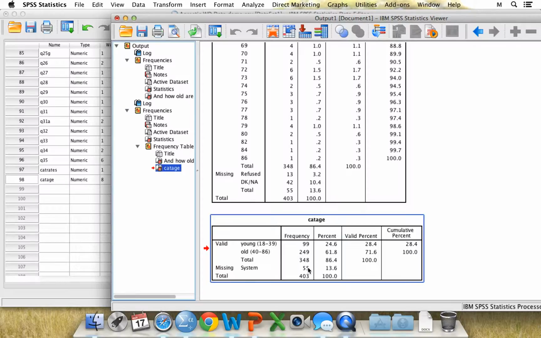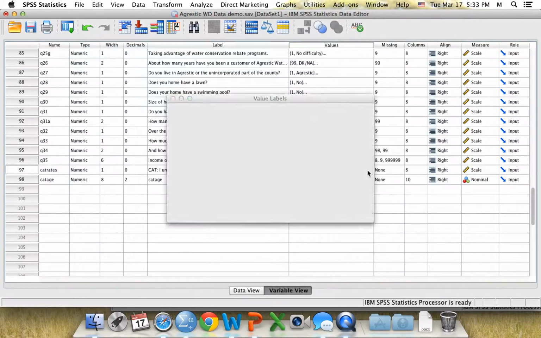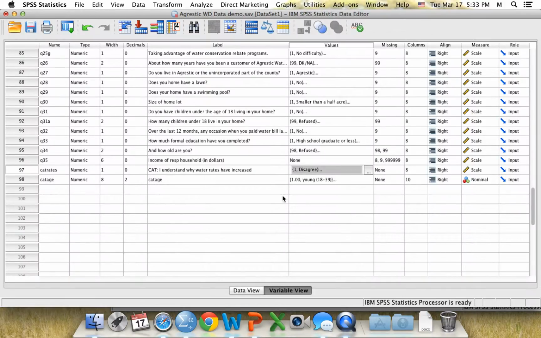Next, I'm curious if age, the categorical variable, is related to whether people understand the reasons for water rates increase, which is cat rates. I look at the variable, and I saw there are 2 categories, disagree and agree. So that means categorical, and I want to do a crosstab to look at the association.